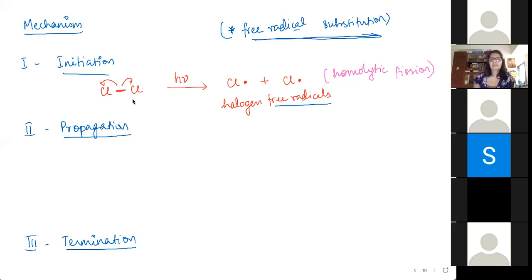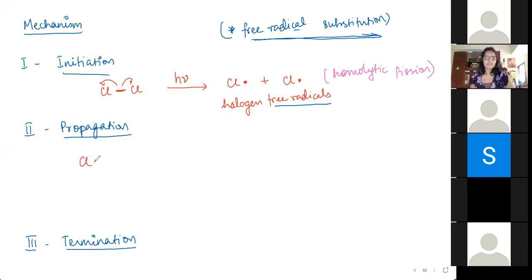All right. So once it's initiated, how is it propagated? So what happens is you have chlorine free radicals. Again, free radicals are very, very violent. They're so aggressive. Anything they hit, they're gonna change things up. There's gonna be a chemical change there.